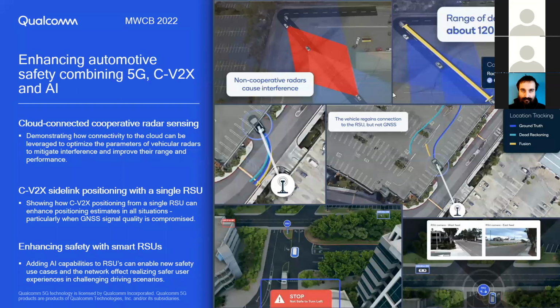It's just a small box on top of the street lamp, but it contains everything. It contains the communication capability, and also the smart machine learning capability to make a smart RSU road. So we will also see that.